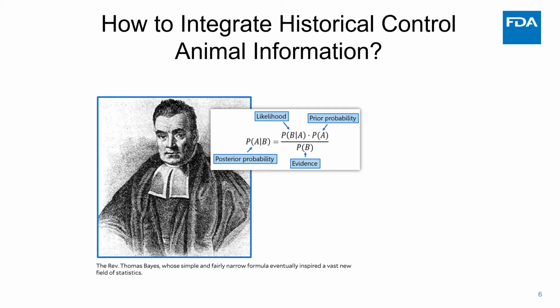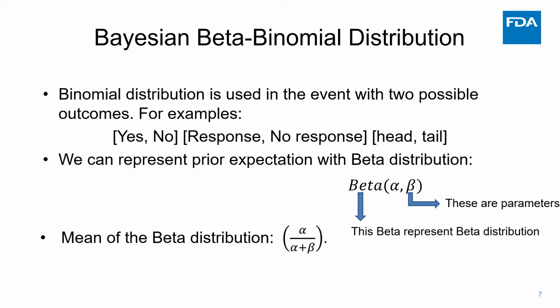When we treat an animal with placebo or treatment, there are two possible outcomes: a response or no response. A binomial distribution is used in the event of two possible outcomes. We chose the beta-binomial model, with a beta distribution for our prior.